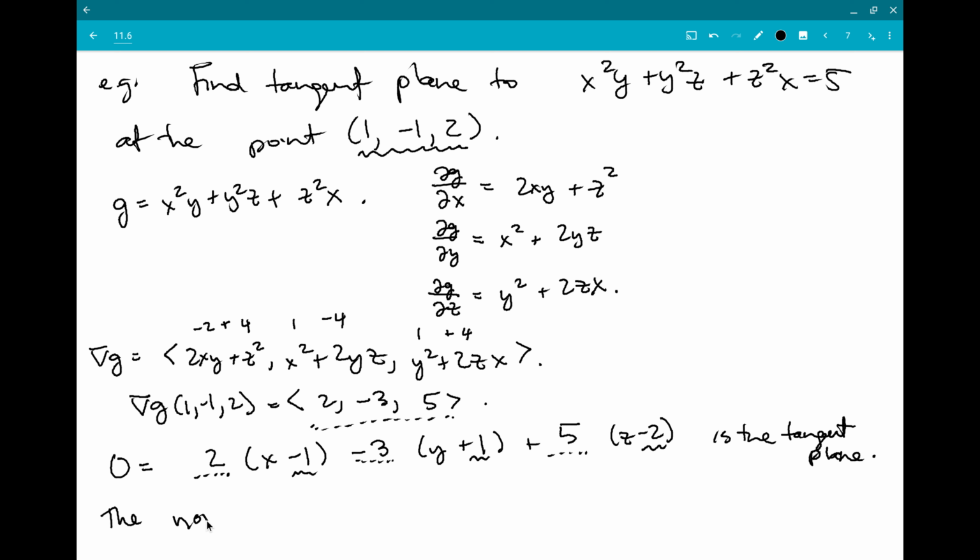And then if we wanted to, we could also say that the normal line is, let's see, I start with my points and then I just add t times the slope. Keep forgetting about that minus sign.